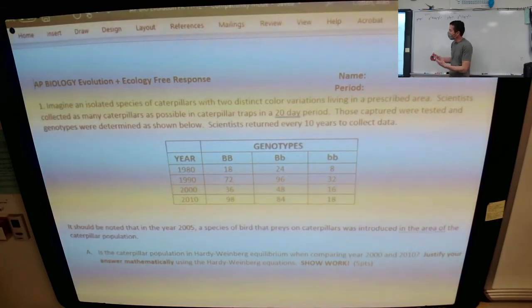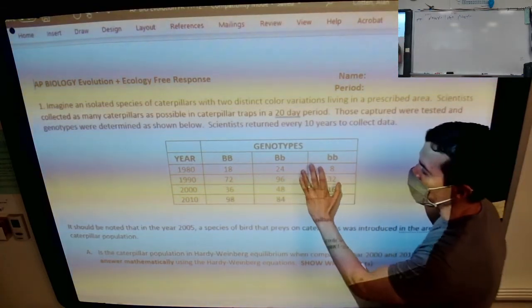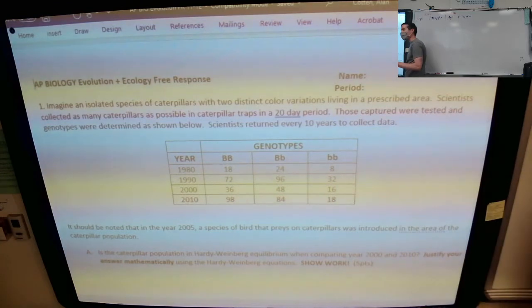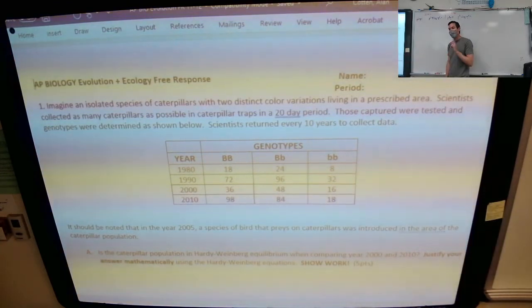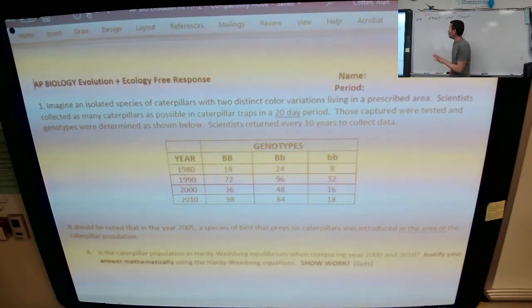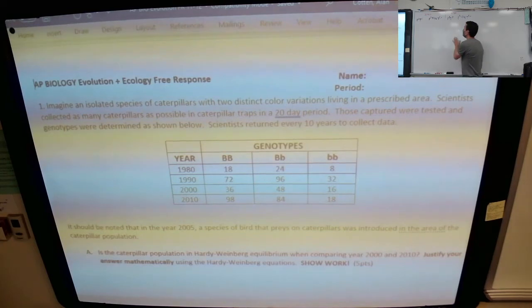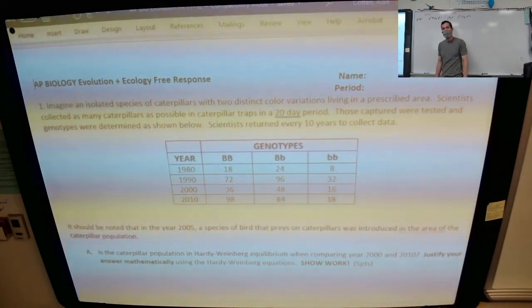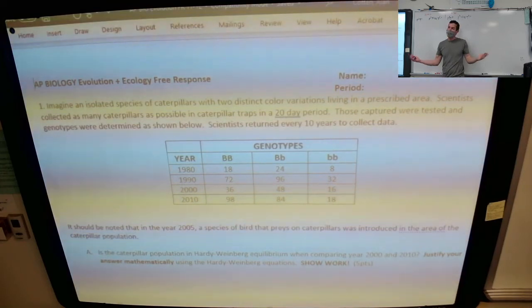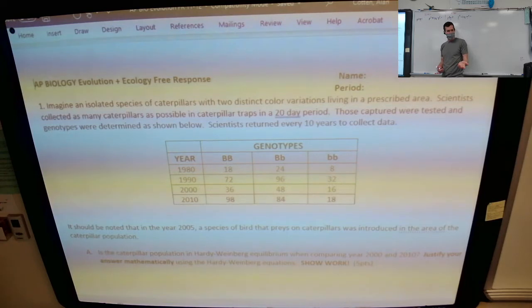Technically the genotypes could switch around, but if p and q change, then I'm out of sync and not in Hardy-Weinberg equilibrium. So I have to find p and q for 2000 and for 2010. If p stays the same and q stays the same, I'm in Hardy-Weinberg equilibrium. If they don't, I'm out of it.